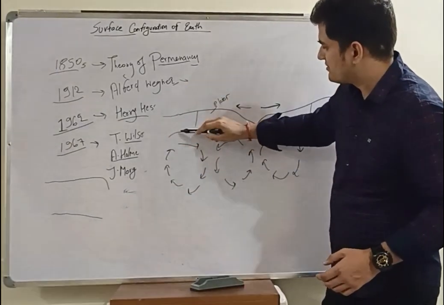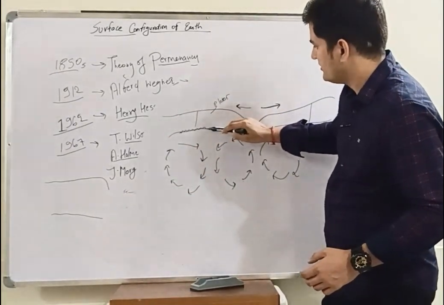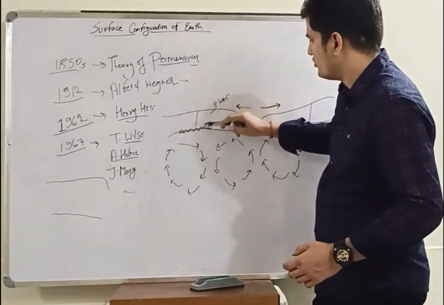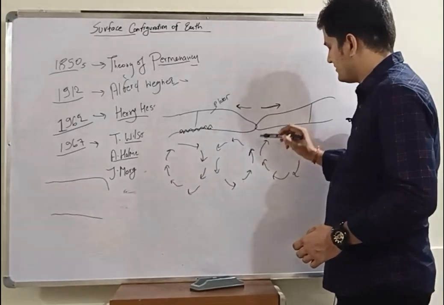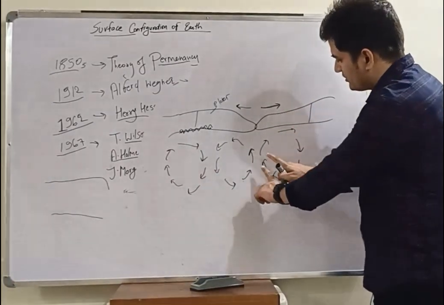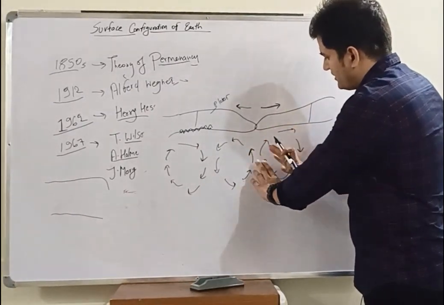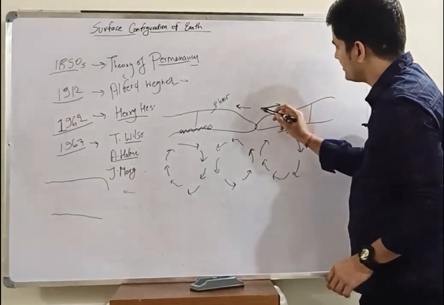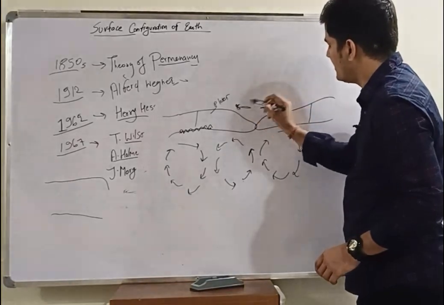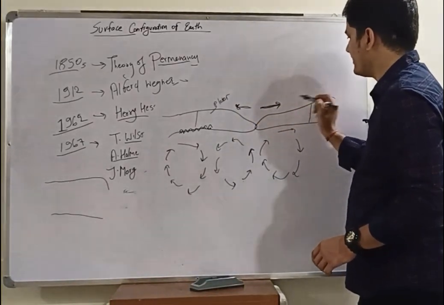So the shear stress force between these two layers makes the movement of these plates, and in this case we can see that the motion of the gyre is making them move away from each other, and this creates pressure on the plates and they try to move away.